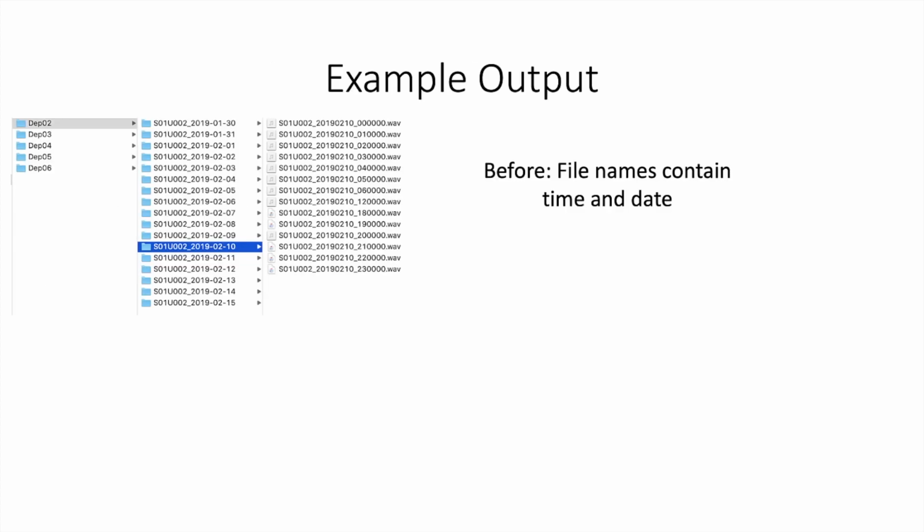Just to show you what the output can look like, this is what the raw data look like going into Sox-o-matic, where it's organized by deployments and by dates, and the file names currently have some of the information that I appended when I set up the recorders, but mostly date and time.